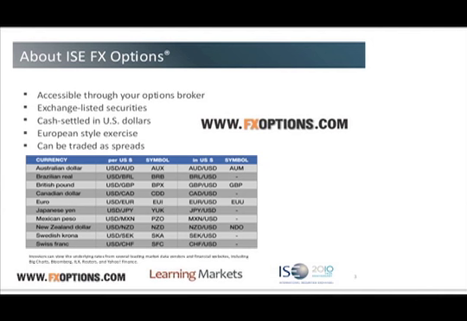Over the last 6 or 9 months, we've added a couple of new ones: the Australian dollar against the U.S., the British pound against the U.S., the euro against the U.S., and the New Zealand dollar against the U.S. The symbols are AUM, GBP, EUU, and NDO, and we have the traditional ones, the classics, as we call them. We've been trading those for a couple of years.